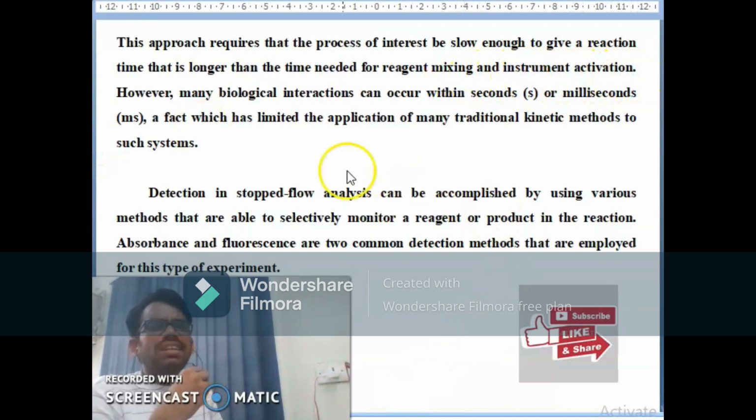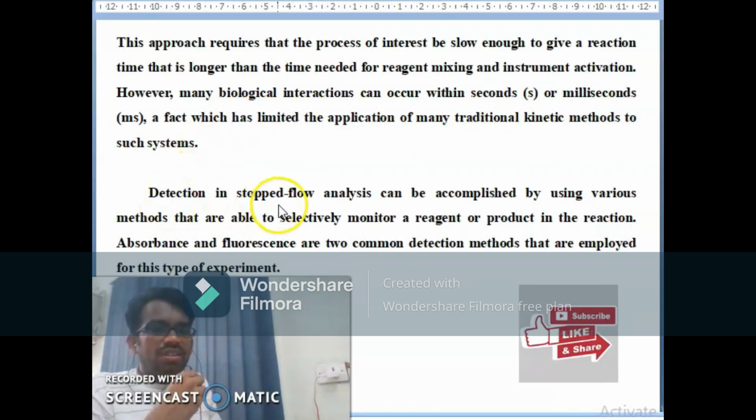However, many biological interactions, as I told initially, use stopped-flow techniques for studying biomolecules like proteins, lipids and carbohydrates. It is very useful for proteins. Many biological interactions occur within seconds or milliseconds, which limits the application of many traditional kinetic methods to such systems.